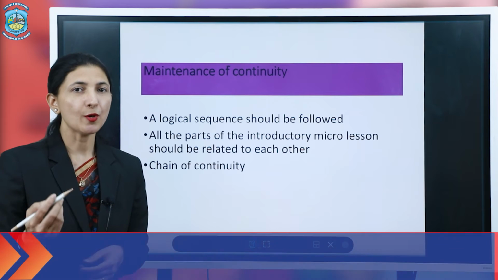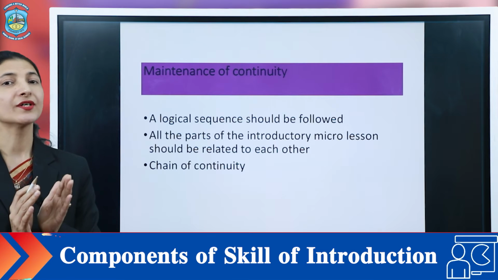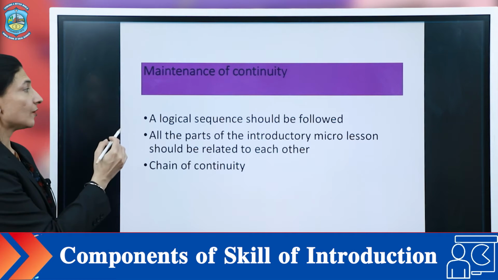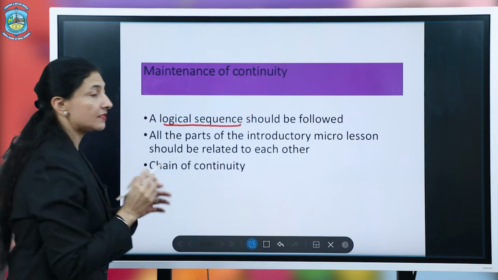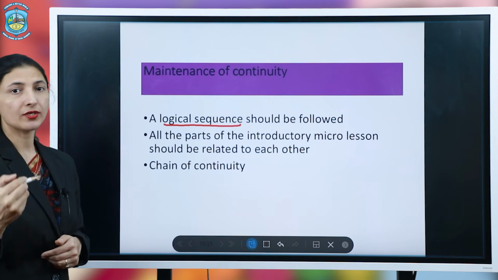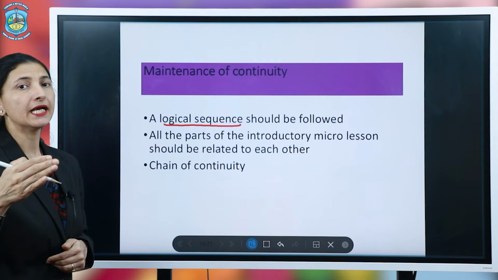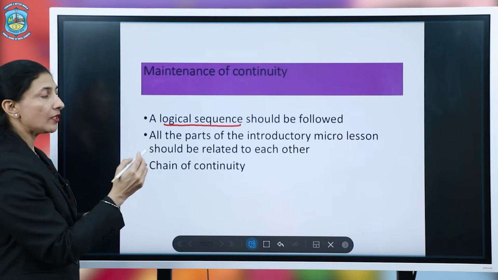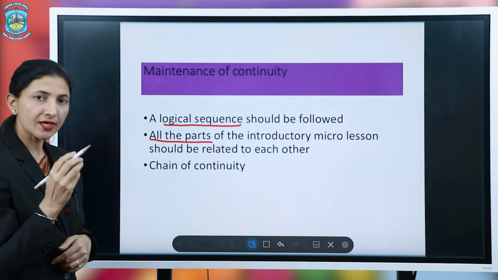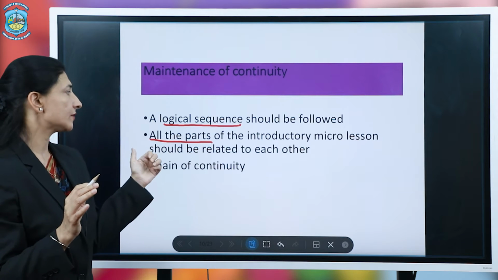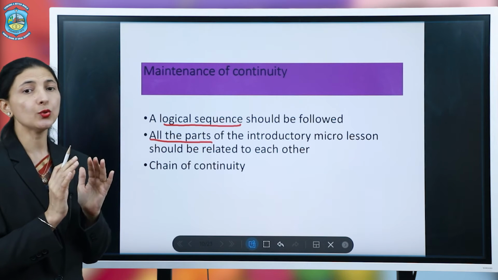Now the next component is maintenance of continuity. A logical sequence should be followed; always remember the sequence should be logical, one after the other. All the parts of the introductory micro lesson should be related to each other.